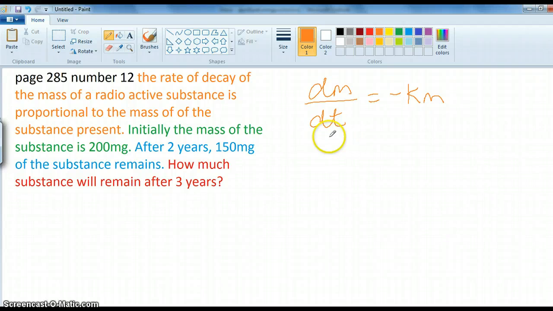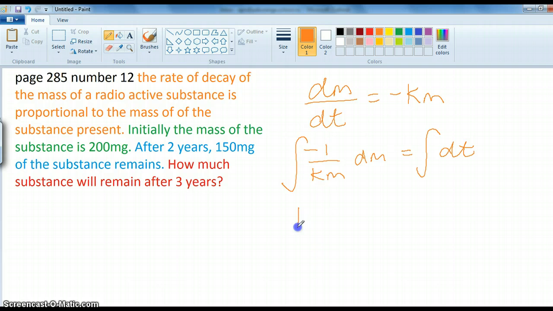So we then end up with negative 1 over km dm equals dt, integrating both sides. So we can see that ln.